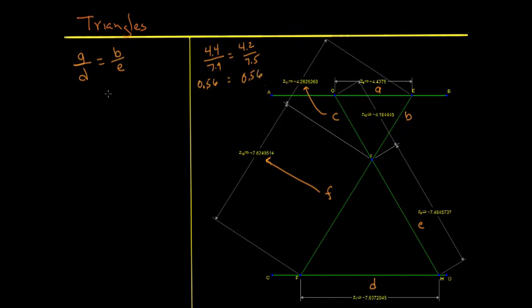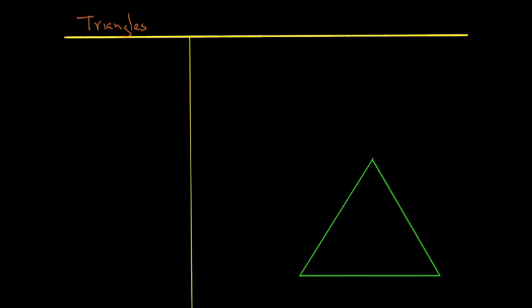So we can manipulate our formula to find a missing side of the other triangle. So if we know, for instance, A and D, and we know side B, we can calculate the side E. And we can manipulate our formula fairly easily to do something like that, depending on which side we wanted to find.